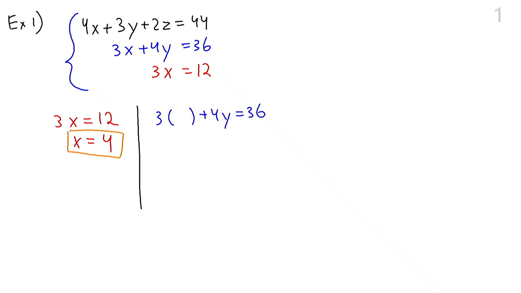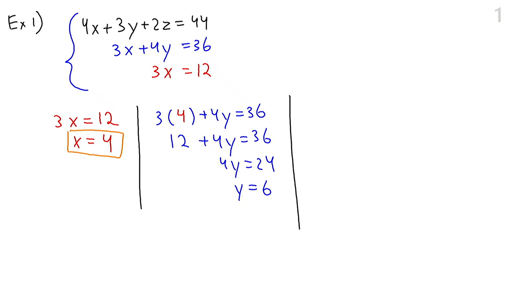But now we know what x is. X is 4. So now we can solve for y. 12 plus 4y equals 36. 4y equals 24. And y equals 6. So now we have a second entry in our 3-tuple solution.